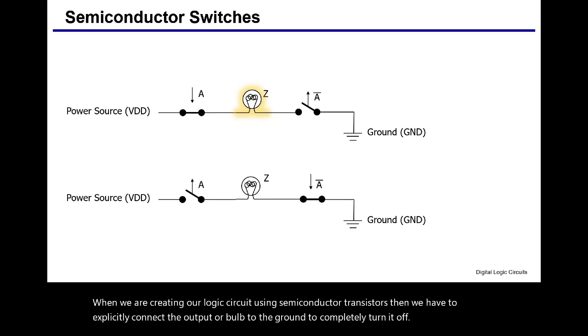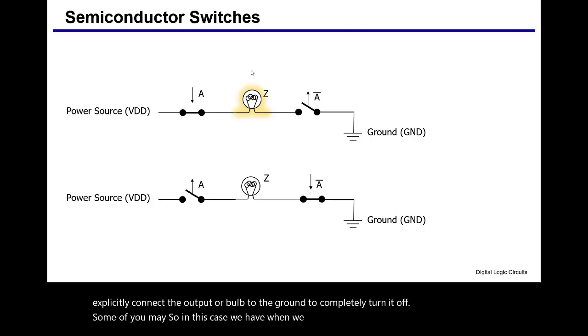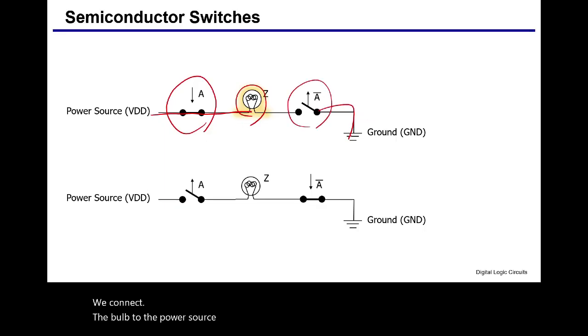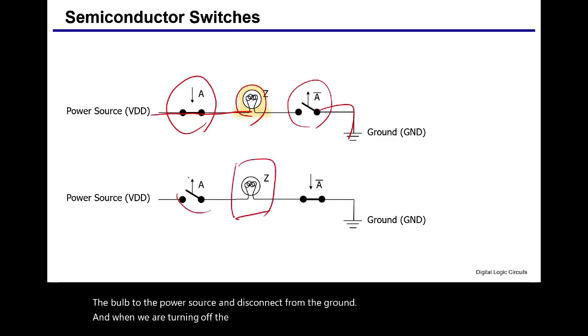So in this case, when we are turning on the circuit, we connect the bulb to the power source and disconnect from the ground. And when we are turning off the bulb, we disconnect from the power source and we connect to the ground.